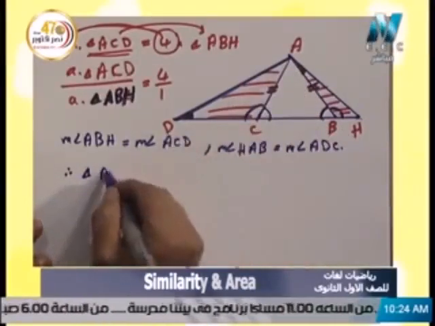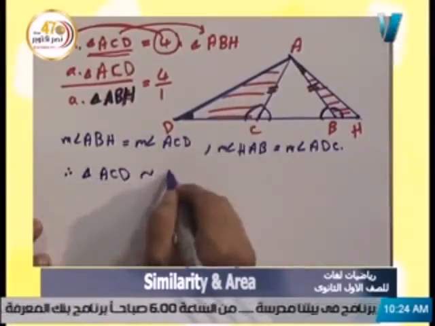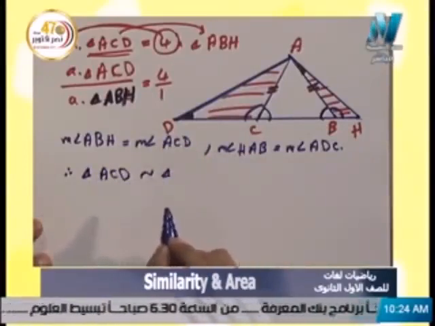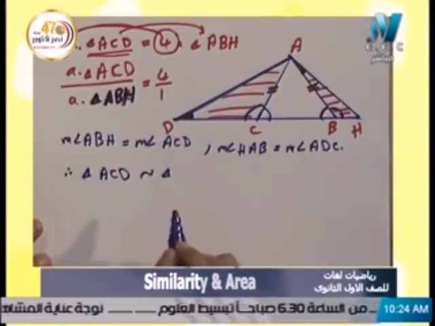So we can say now that triangle ACD is similar to triangle, and concentrate about the corresponding vertices.